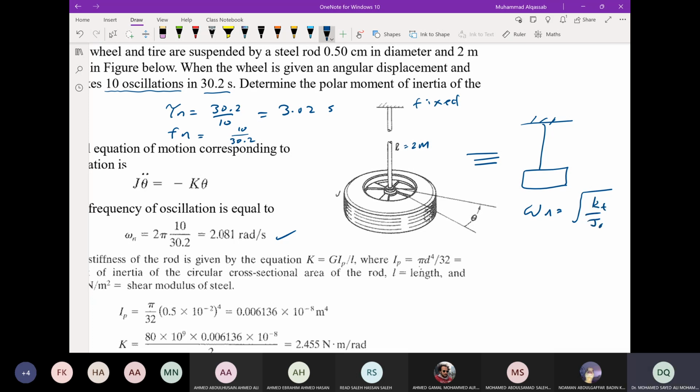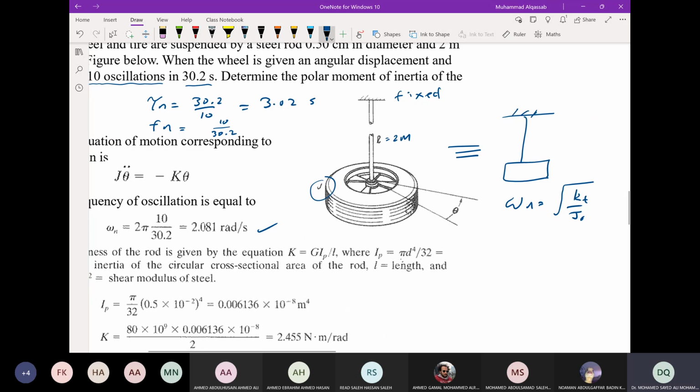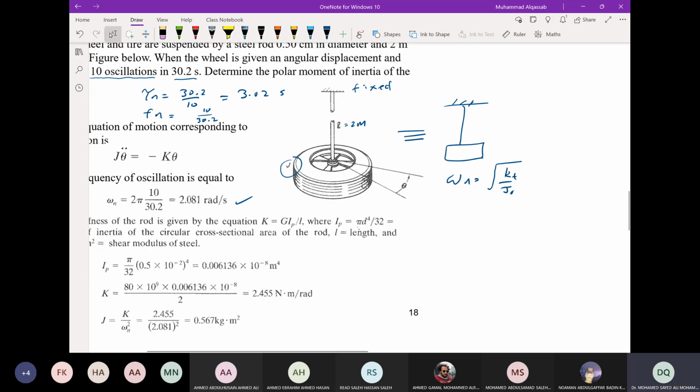Here, Jo is just called J, and kt is just called K. That's just different from a different source or a different textbook. They use different names for the stiffness and for the moment of inertia. So kt or K here.